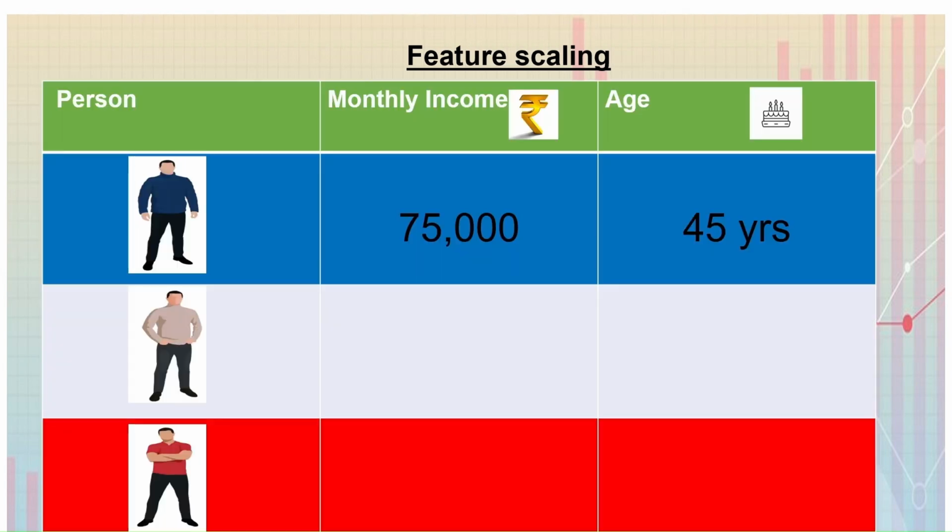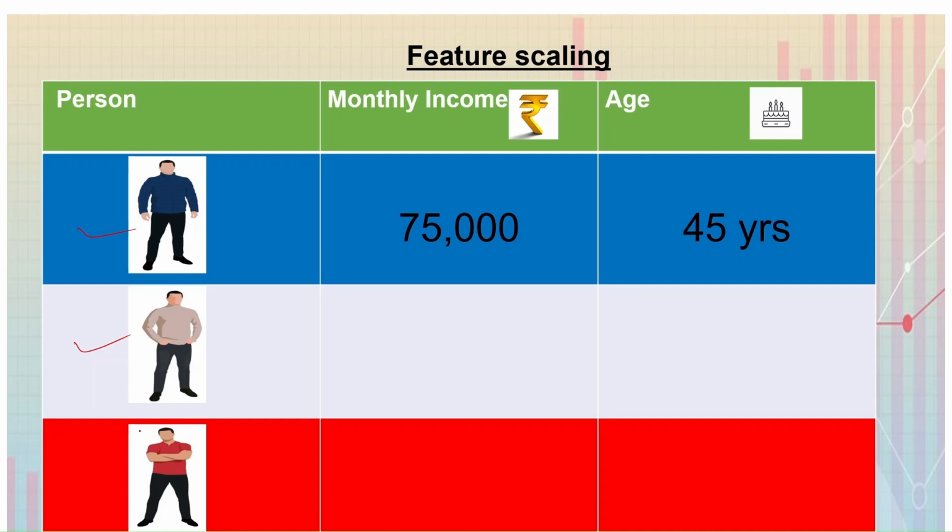Let's imagine we have a data set with two columns, monthly income and age. A simple data set, just two columns and three rows: blue, brown, and red person.